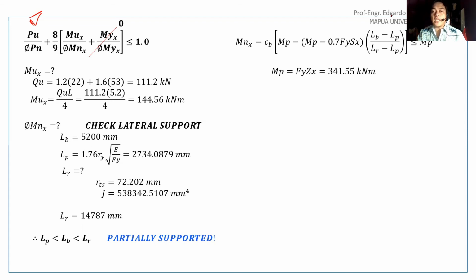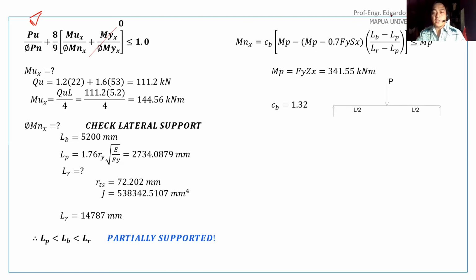Tapos I solved for CB. Okay, ano yung CB? Since this is para siyang hinge at both ends naman, tapos may concentrated load sa gitna, para siyang simple beam with concentrated load sa gitna. And we have derived this already, that CB is equal to 1.32. Ayan.